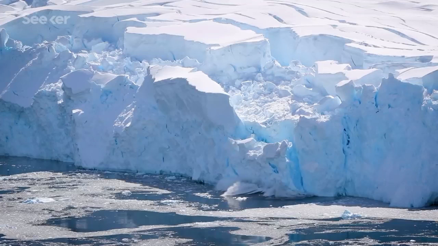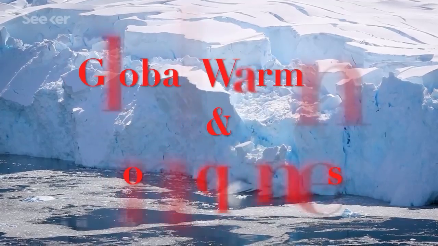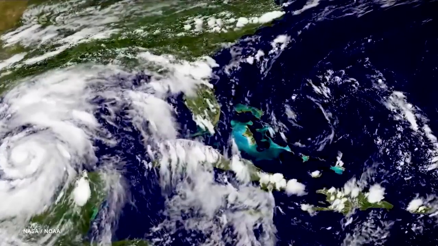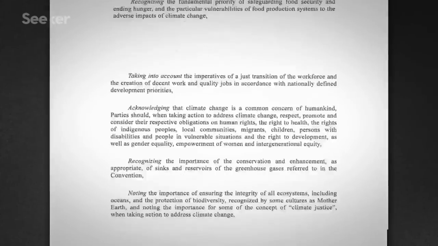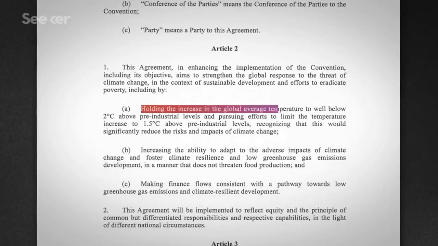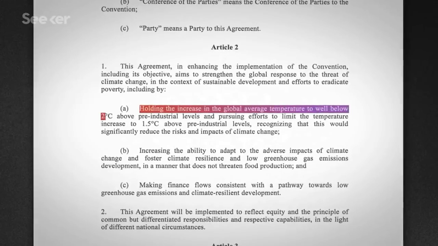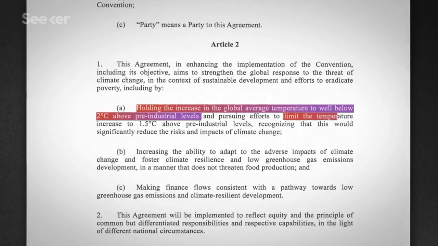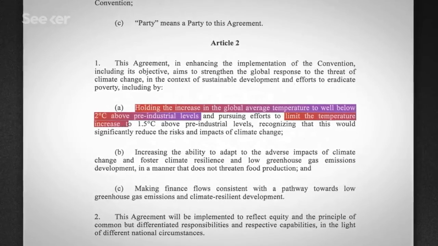So let's have a quick glance at the different threads, some of which you have seen discussed all along. Global warming consequences: floods, droughts, changes in patterns. In the Paris Protocol, it is mentioned that the temperature increase should be kept well below 2 degrees, to 1.5 degrees maximum.